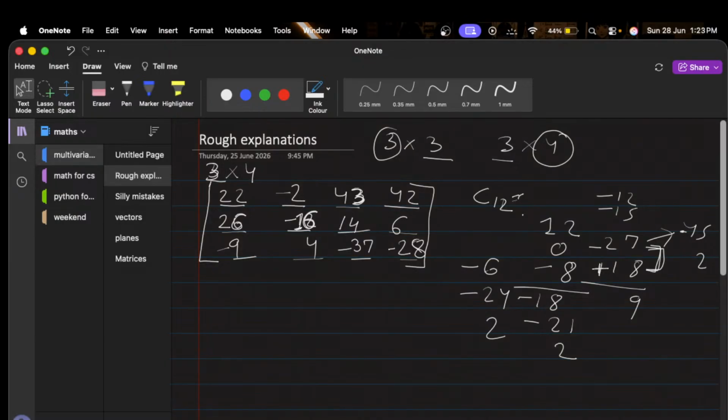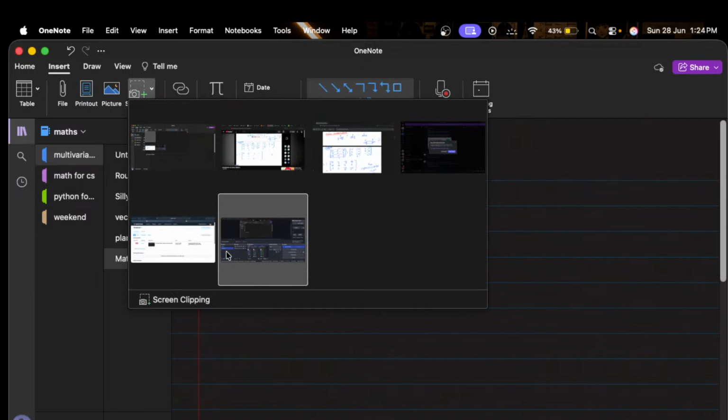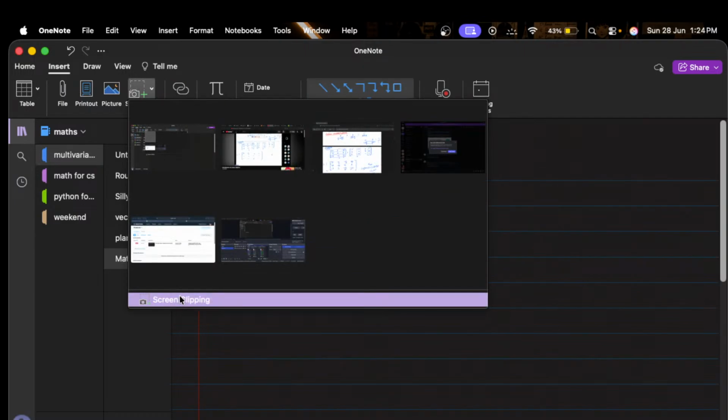Okay. I think I should just take the screenshot of matrix multiplication. Matrices, can I just take the screenshot? Screen clipping.